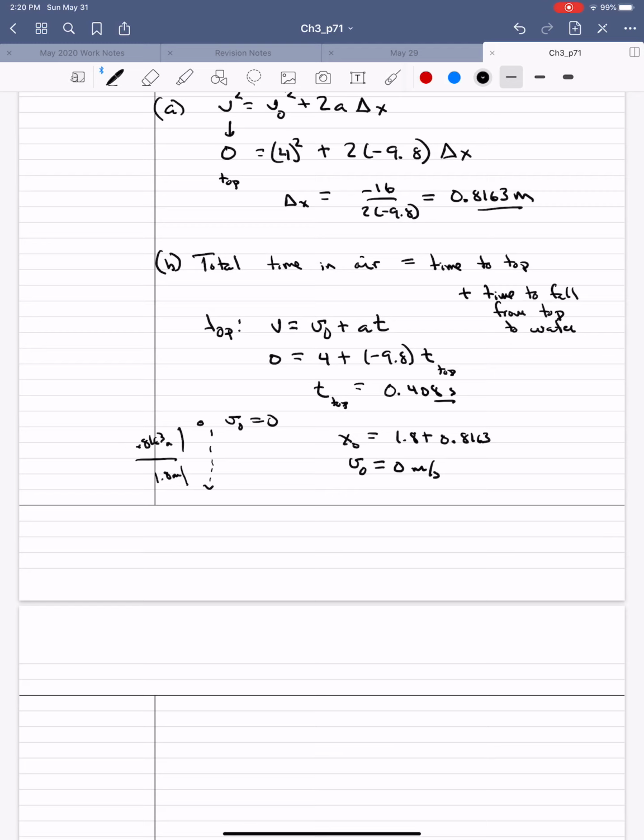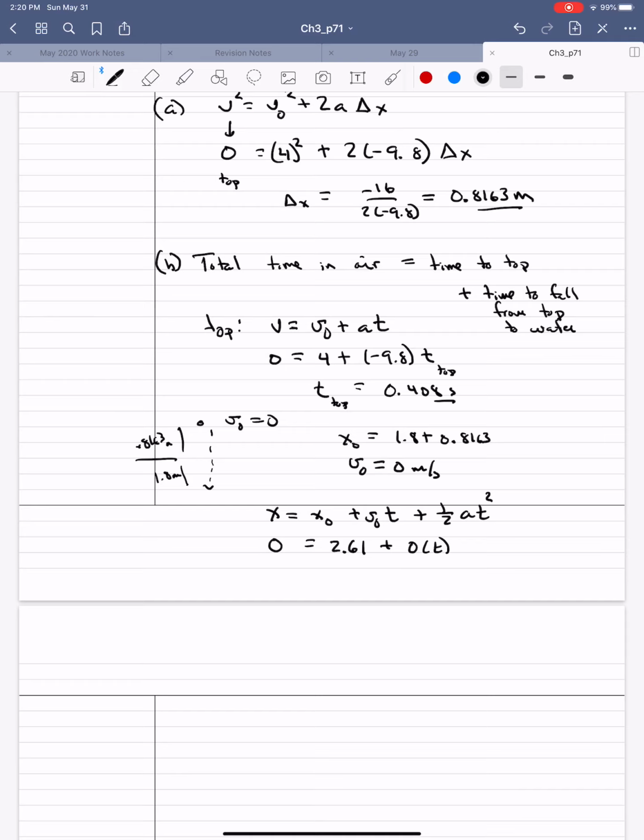And the reason I do that is that I know that she's going to hit the water eventually. And now I'm thinking about this as just the time as she's falling, so eventually she'll get to 0. She's going to start at the sum of these heights, and the sum of these heights is 2.61. We'll use that many digits.